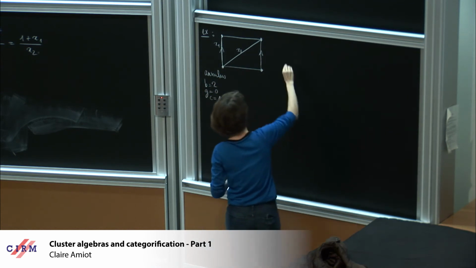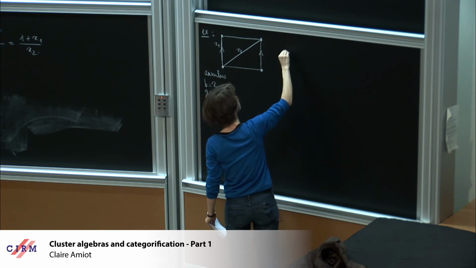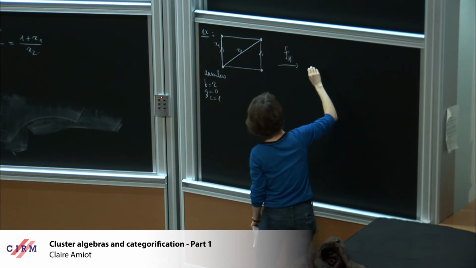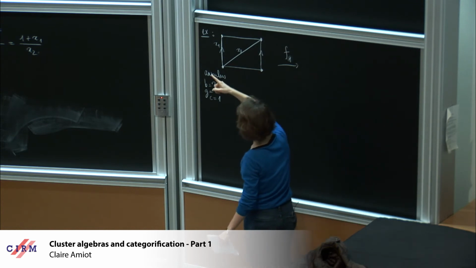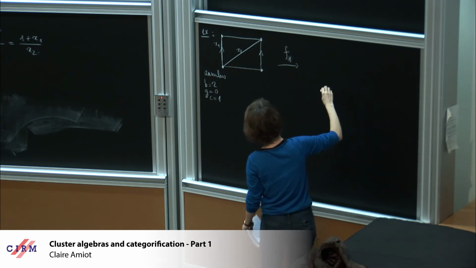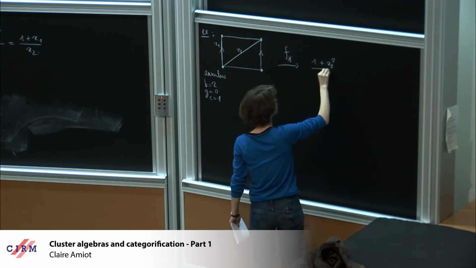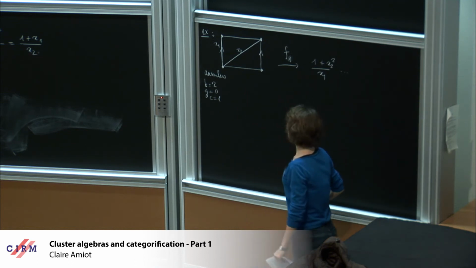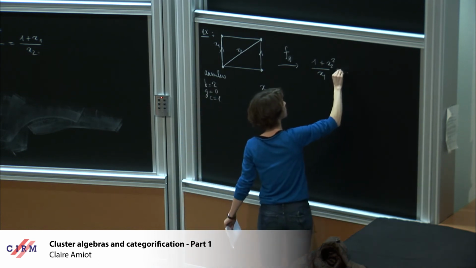And so, okay, first, if I flip x1, I will get a new arc, and the corresponding x tau of this arc will be 1 plus x2 squared over x1.